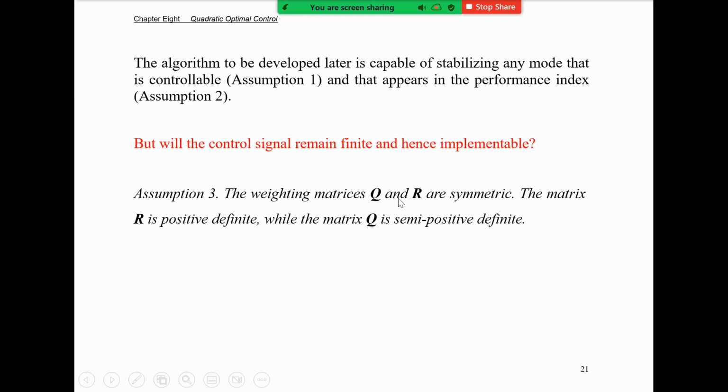So we require these weight matrices, Q and R, to be symmetric matrices, and we require Q to be positive semi-definite and R to be positive definite. We apply this assumption just to make sure that the cost function does have a minimum, right?